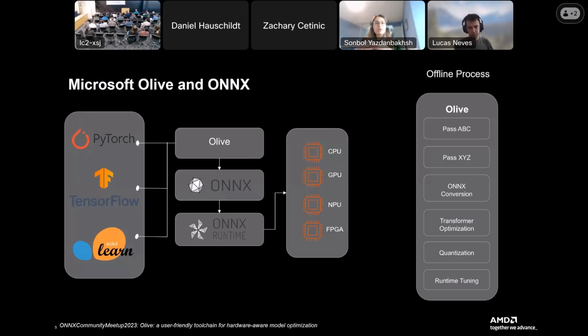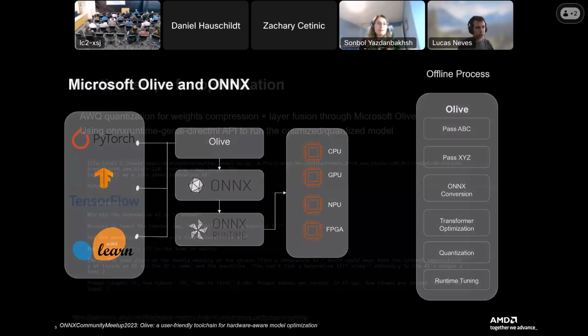It's good to notice that in Olive, the whole optimization happens offline. So we get a model, pass it through Olive, and do all the optimization, the ONNX optimization and ONNX Runtime optimization, offline, and then we use that model for our deployment. Next one, please.